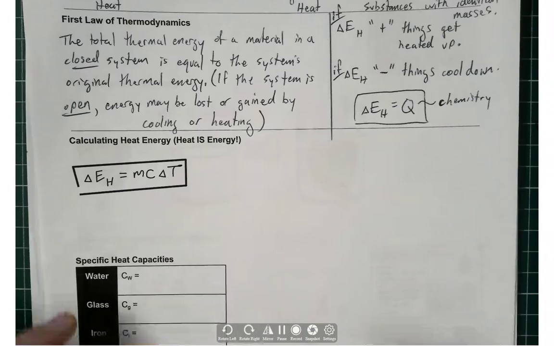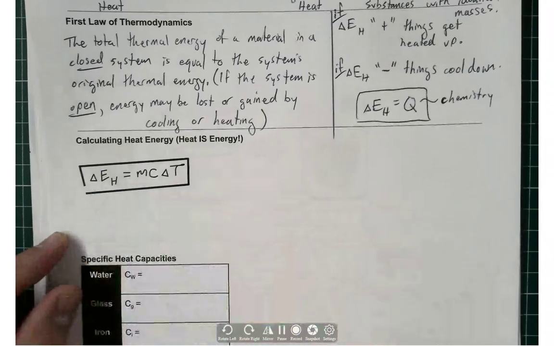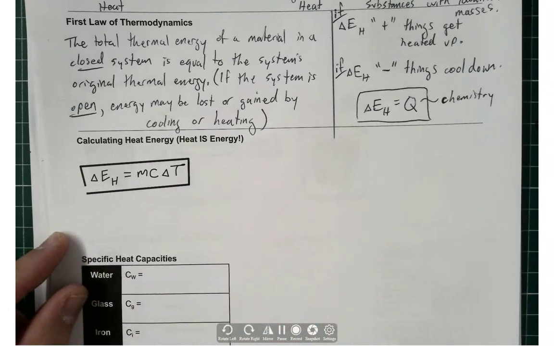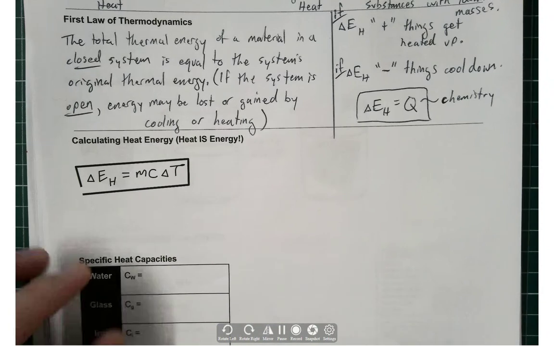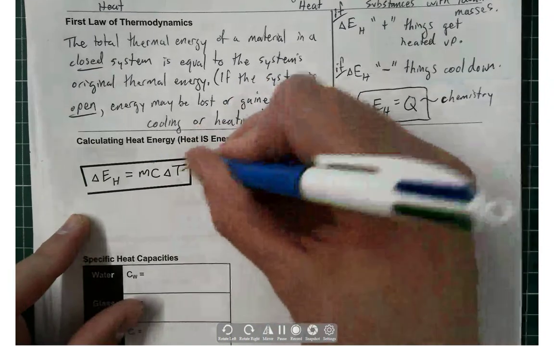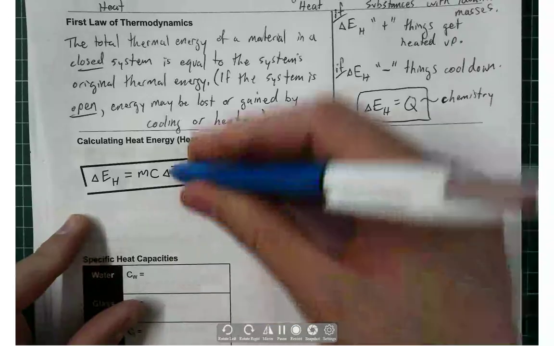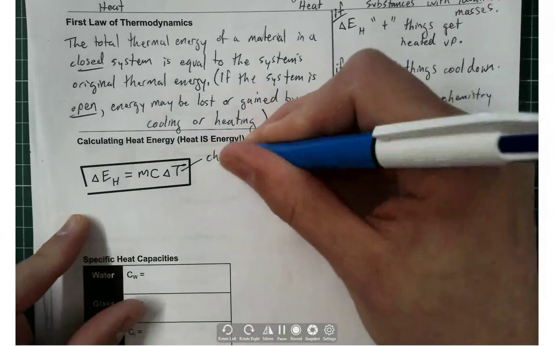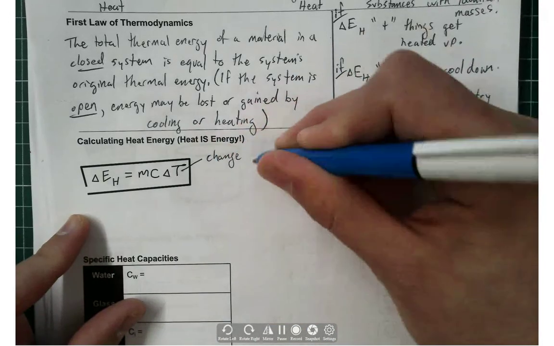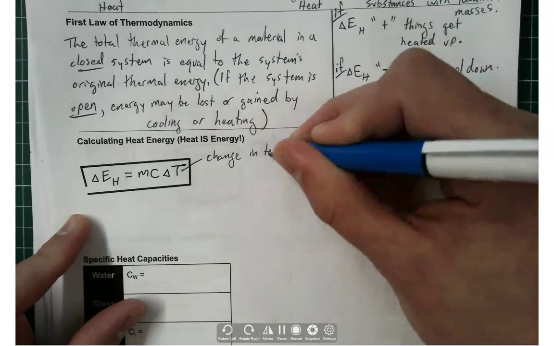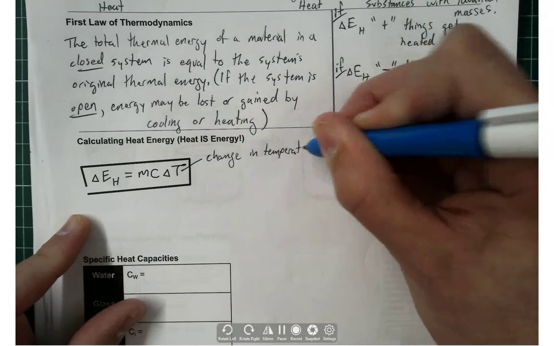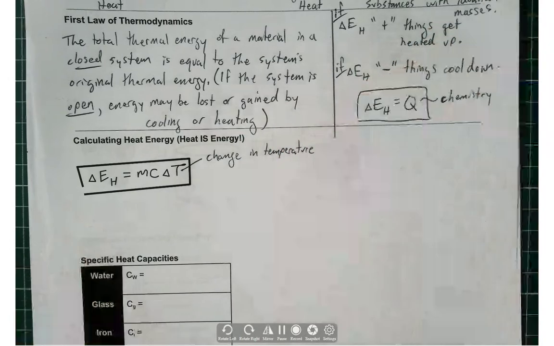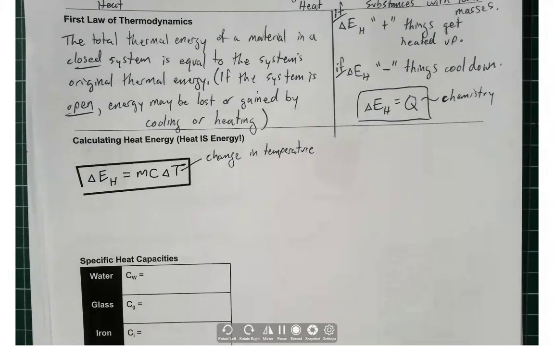Look at that, it looks all sloppy. The equation editor would have made it neater. Let's label this up. Delta T is the change in temperature. I'm giving this to you as a magical equation without deriving it, but this is the formula for the amount of heat energy that changes.